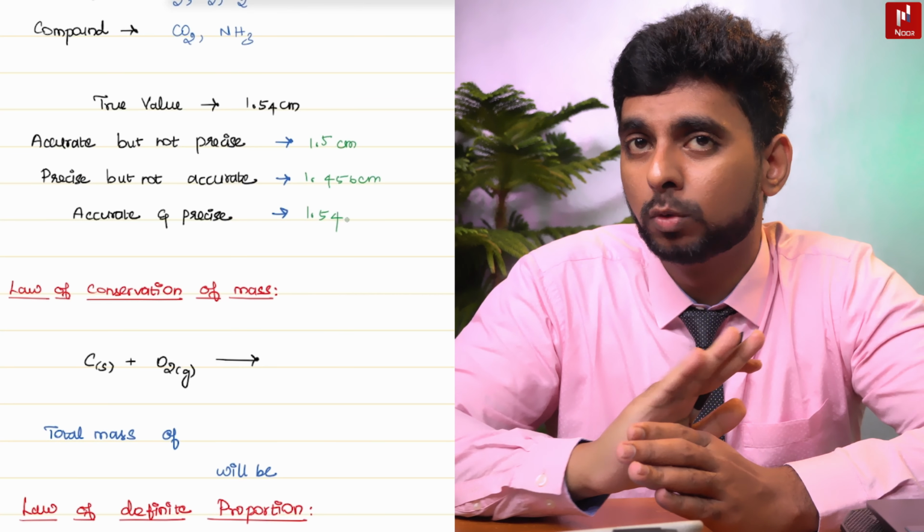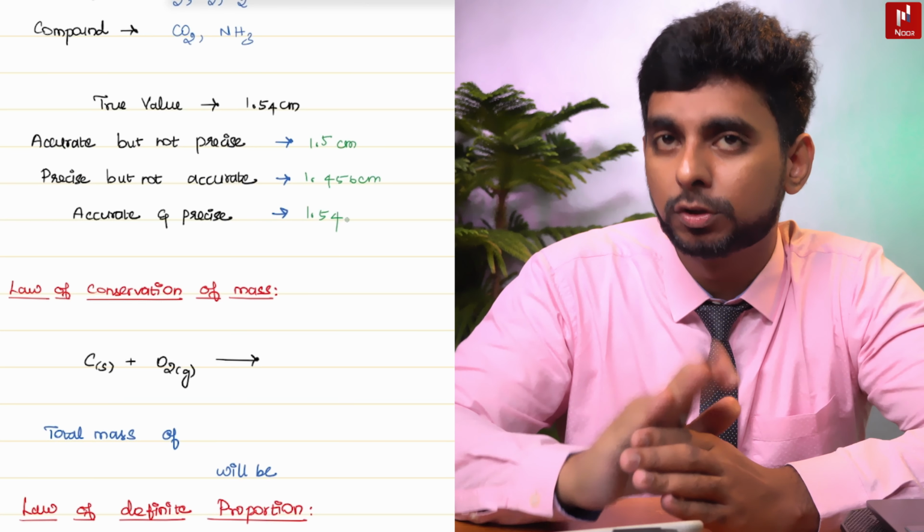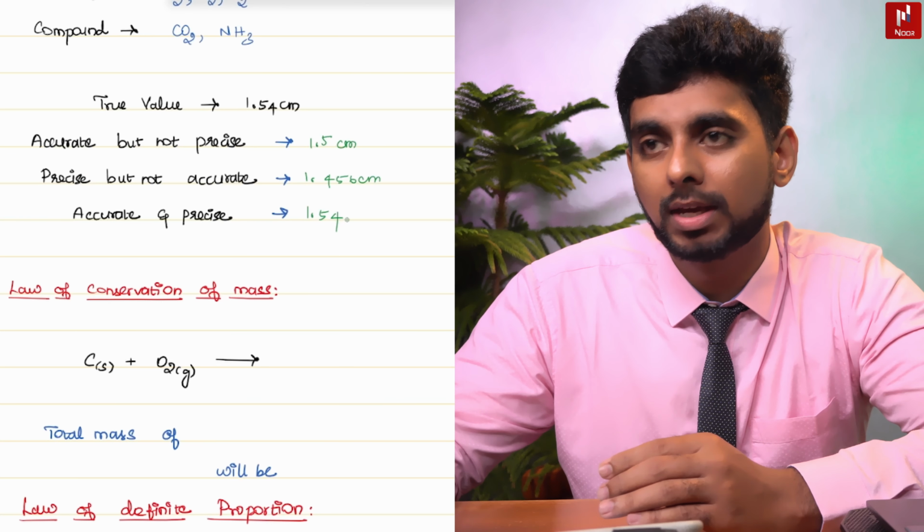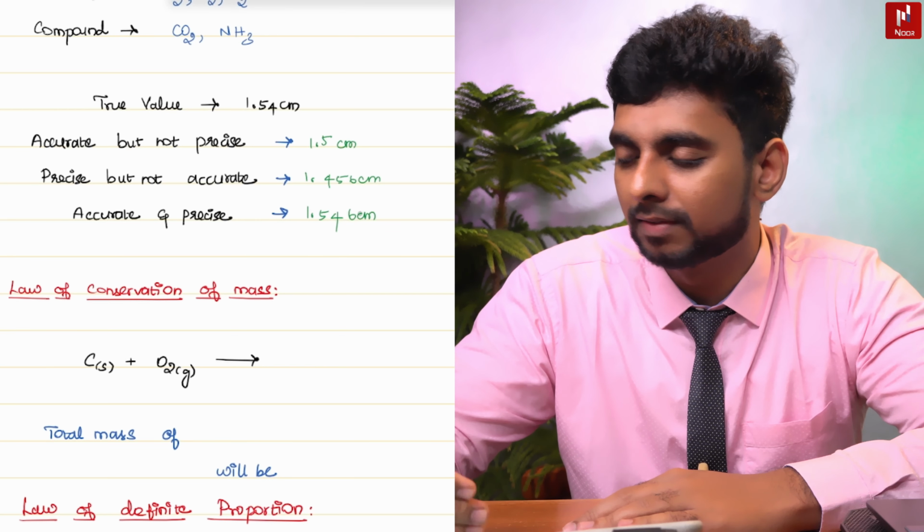So he measured 2 decimal places correctly compared to the true value. Same way, he had a good instrument, therefore he was able to measure still more precisely. Got it? So this answer is both accurate and also precise. For example, 1.547 or 1.546 centimeter, right? So you should be clear with the idea that I'm telling you. Okay, you shouldn't have any doubt at this part.